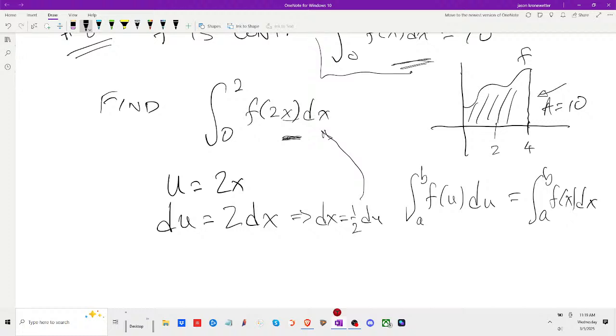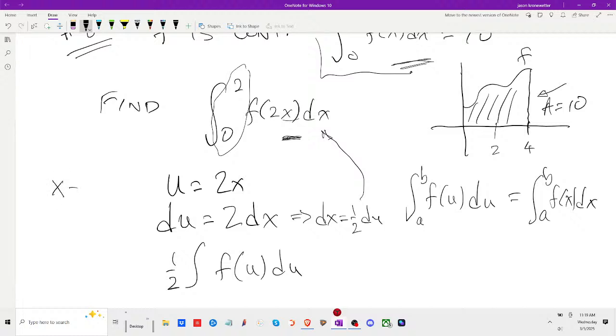Okay, now the 2x part, that's equal to u. Okay, so let's convert this integral. We have f, it was 2x, but 2x is equal to u, so it's f of u. And then dx is now 1/2 du. I'm going to put the du here, I'll put the 1/2 out here, and we still have the bounds of the integral to deal with. Okay, so just be real methodical about this.